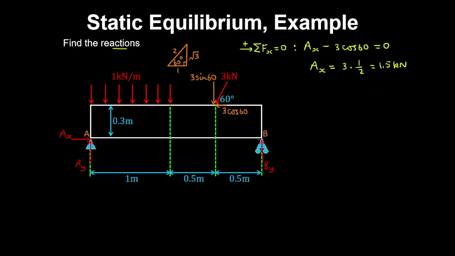Now next we'll take moments about either support, because taking a vertical force equilibrium will give us two unknowns. So I'm going to take moments about support A, and counterclockwise moments are positive. So we have reaction By by the moment arm, which is 2 meters, and then minus the distributed load, which is 1 kilonewton per meter, multiplied by 1 meter, which gives us the resultant force acting in the middle.